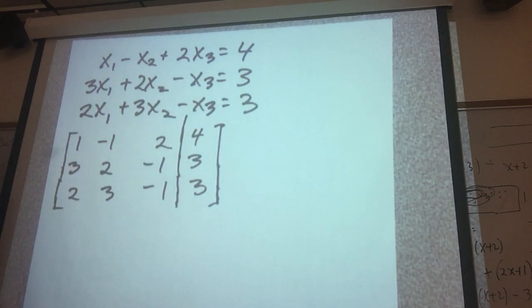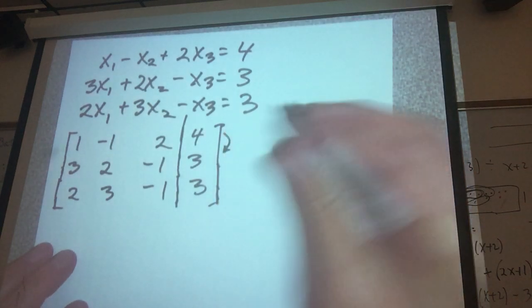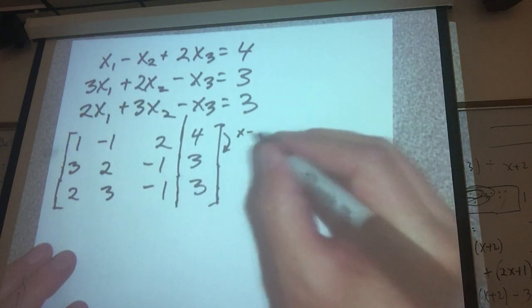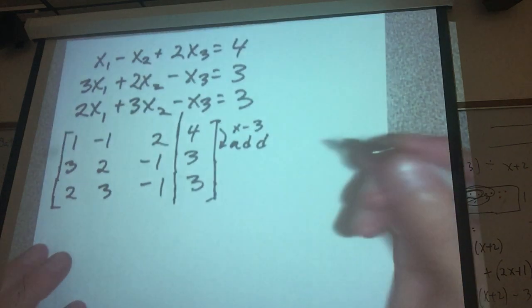So we're just going to go ahead and we're going to use the top row, start going down and doing our eliminations. So the first thing I want to do is I want to eliminate that 3 right there, okay? So since I want to eliminate that 3, what I'm going to do is I'm going to take the top row and I'm going to multiply it by -3 and add to this row.